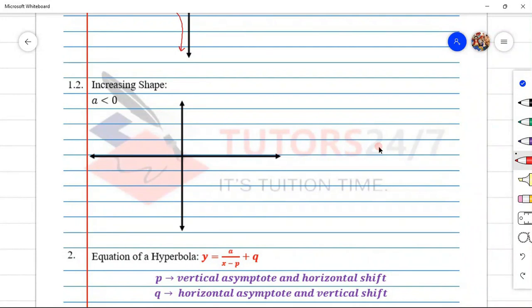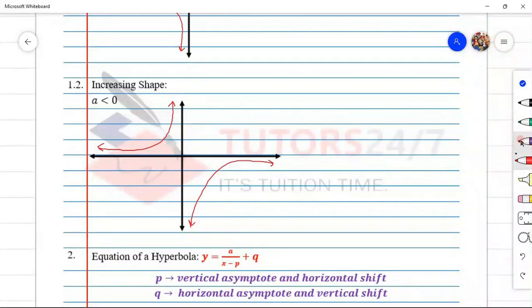When a is positive, when a is greater than 0, there's a decreasing shape. And whenever a is less than 0, or negative, there is an increasing shape. And when a is negative, our function is in quadrant 2 and quadrant 4.